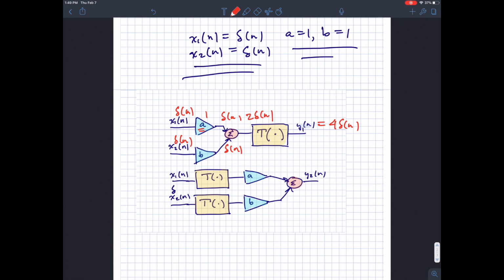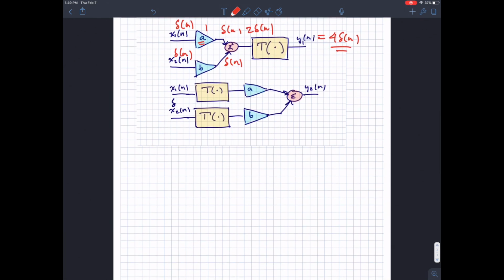So, that seemed to work. I say it seems to work, but we haven't even done the second system. So the next thing to do is to plug in the same exact parameters. We have delta of n here, delta of n here. When we square it, 1 squared is 1, so this would be delta of n coming out.